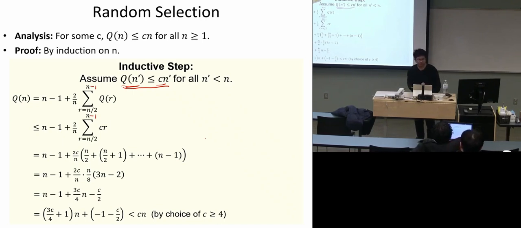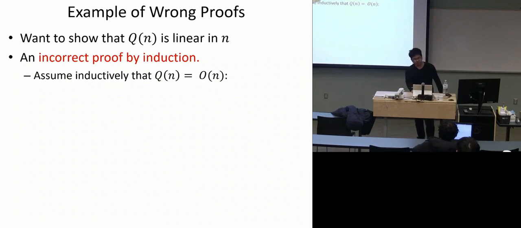Okay. So let me stress a bit that fixing some constant in the induction hypothesis is important, because let me tell you about a wrong proof. Suppose that I want to say that Q of n is linear, and here is a proof that looks okay but actually is wrong.